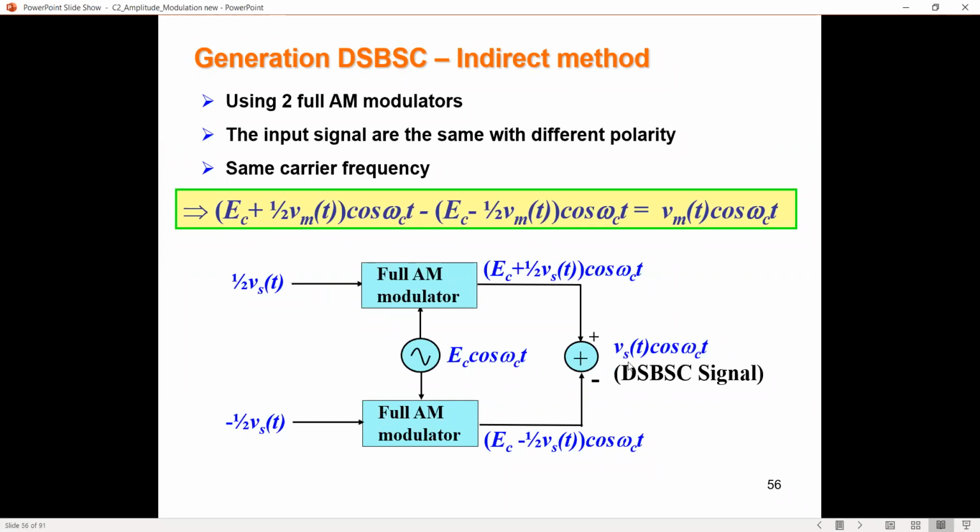So here we produce our double sideband suppressed carrier signal using two full AM modulators, but one of them is inverted. And then for our mixer, the top one is plus, the one below is minus. So that's how we produce double sideband suppressed carrier using the indirect method.